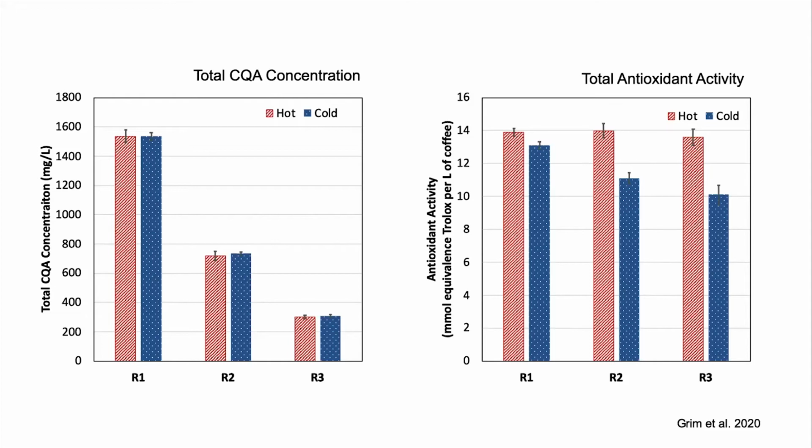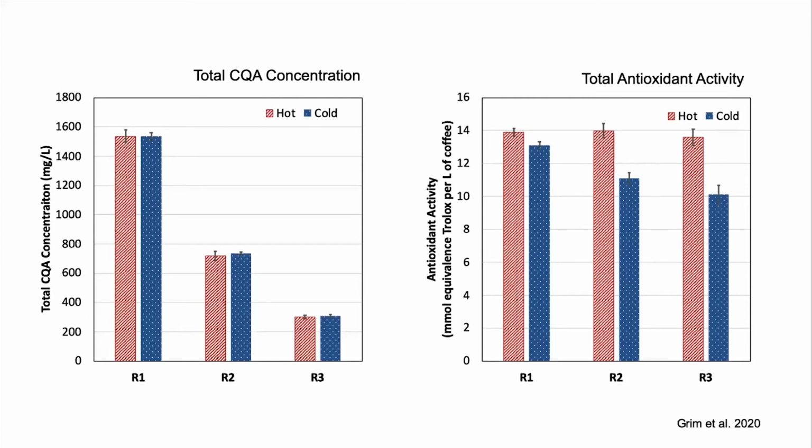Very often, these compounds are antioxidants, and these newly generated compounds are not soluble in cold water. So these antioxidants are not extracted in cold water, but they are extracted in hot water.